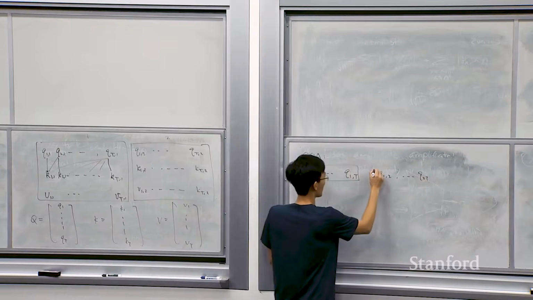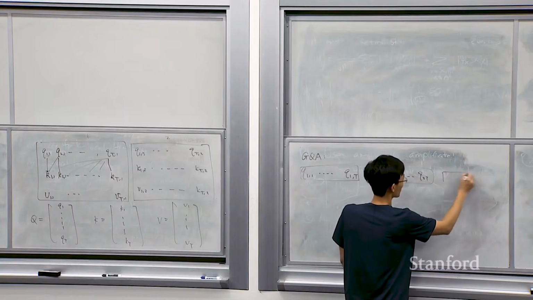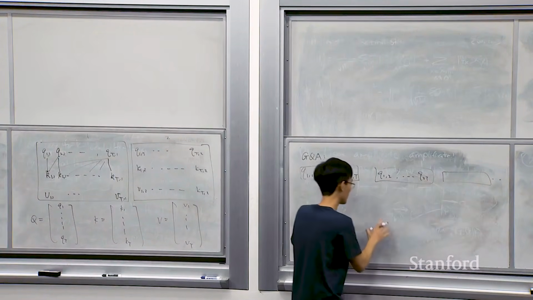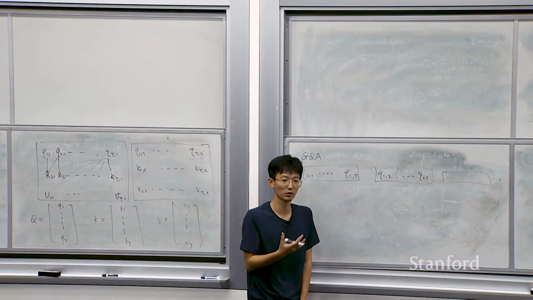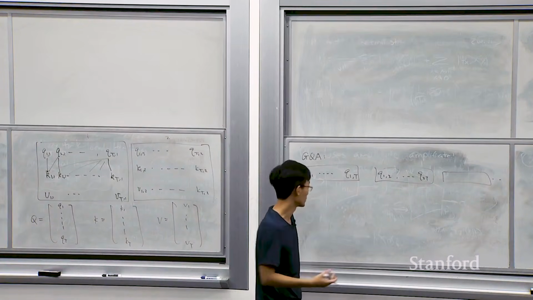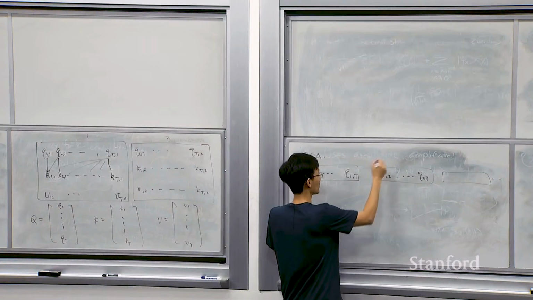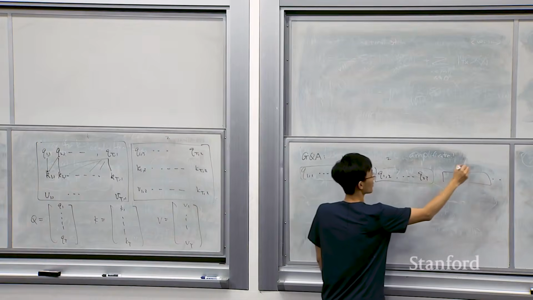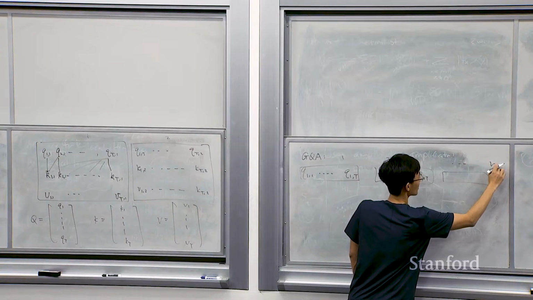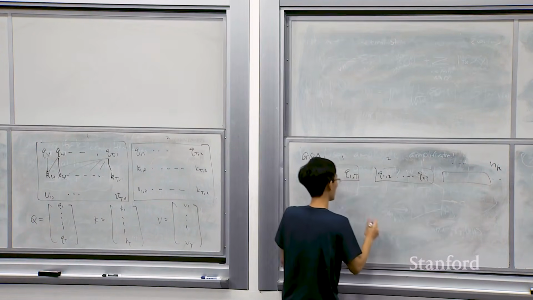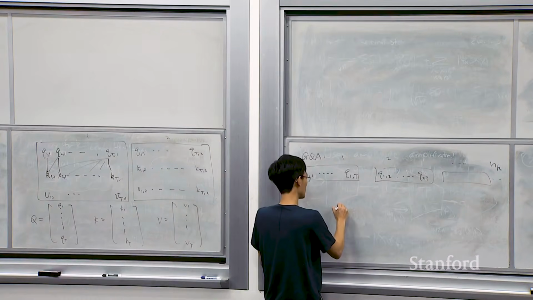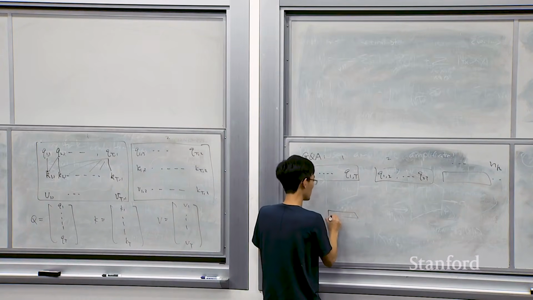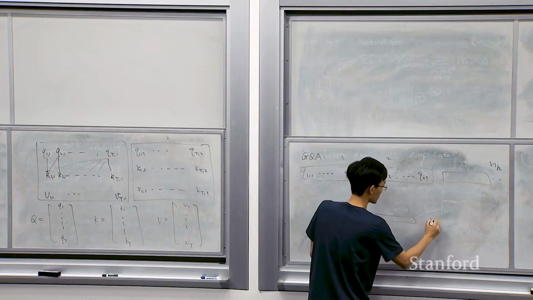This is the first head, this is the second head, maybe you have the third head, and so on and so forth. But on the key side, you have much fewer groups of keys. So maybe here is 1, 2, 3 up to NH. This is the number of heads. But the number of keys is much smaller. So you say, I'm going to have a few groups of keys.